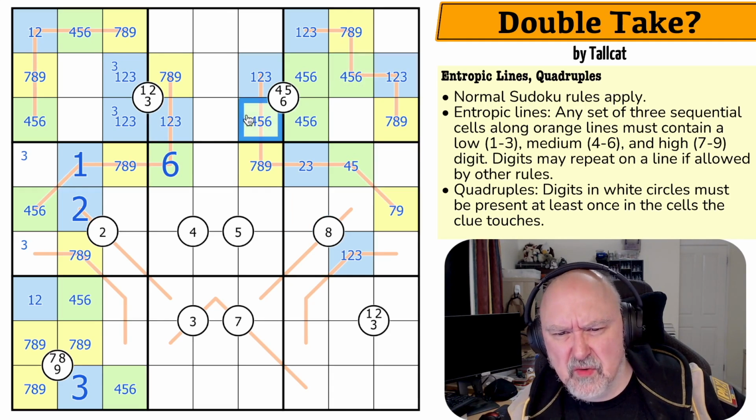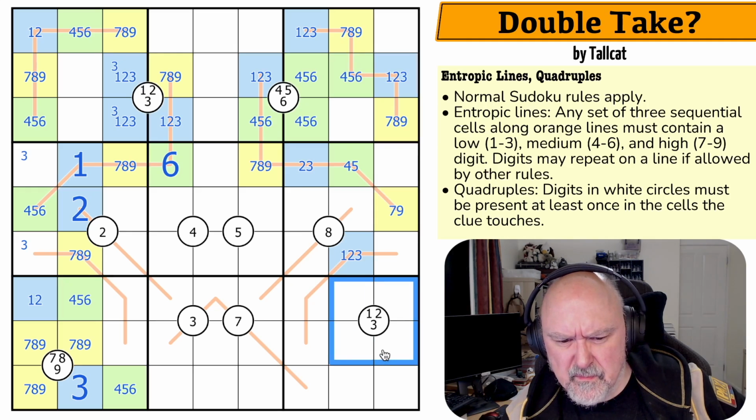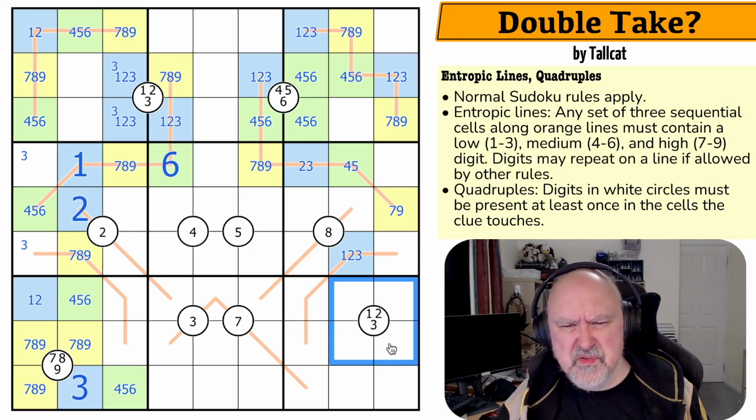If I have to do multicoloring for this, my brain is going to melt. But I'm not sure what other option there is.